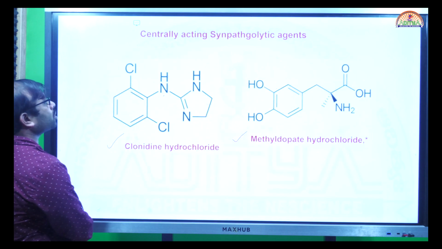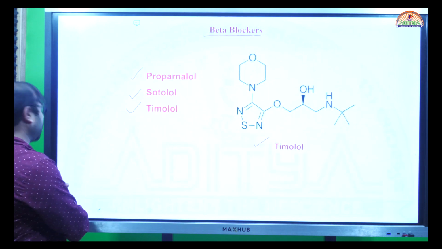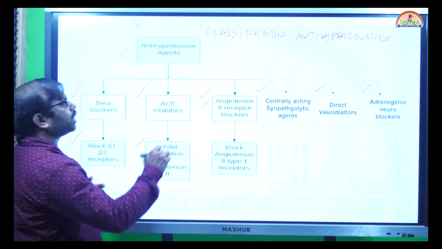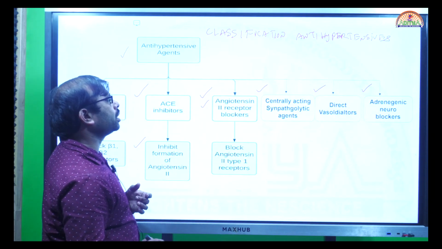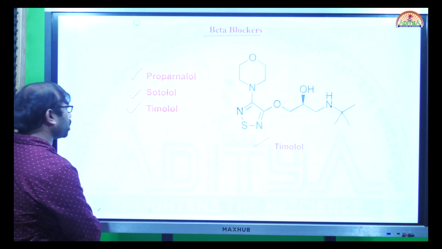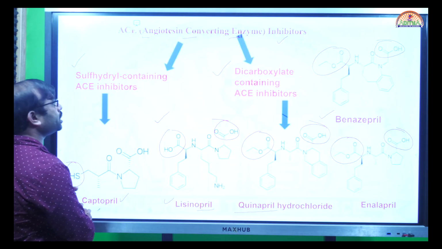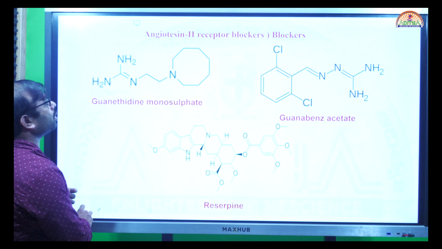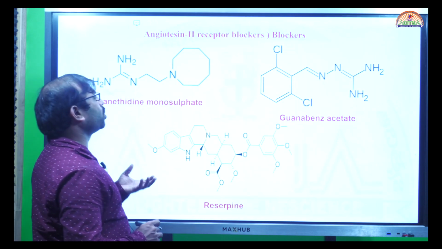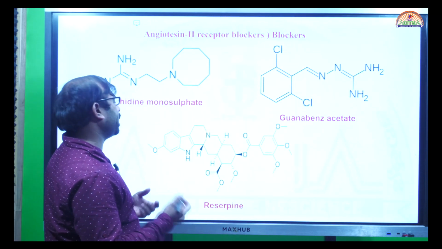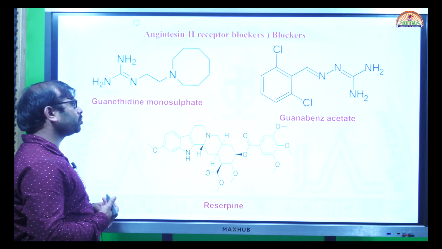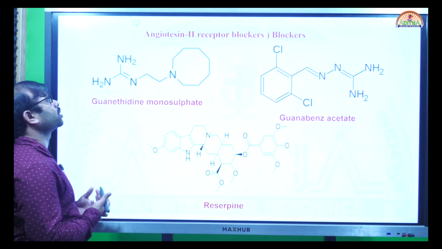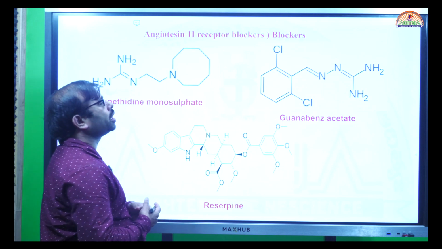This class of molecules comes under the adrenergic neuron blockers: guanethidine monosulfate, guanabenz acetate and reserpine. These come under that class, not under the angiotensin 2 receptor blockers.